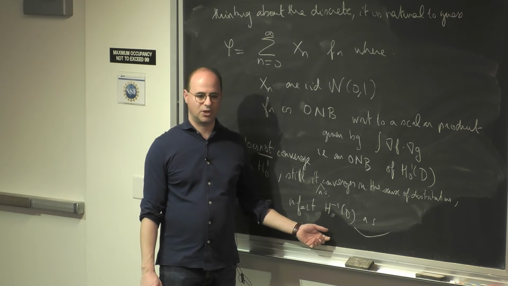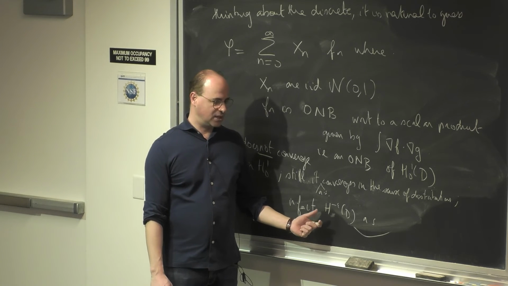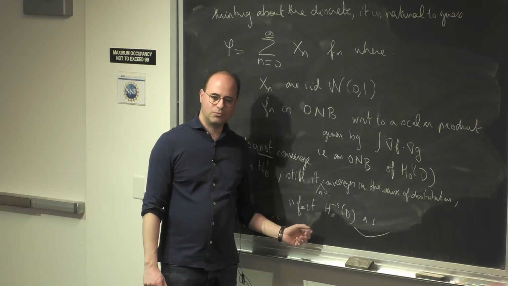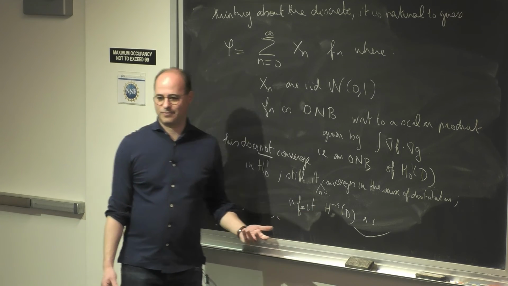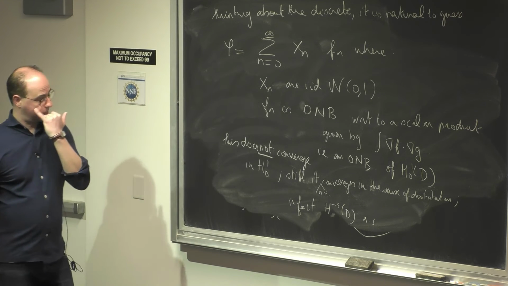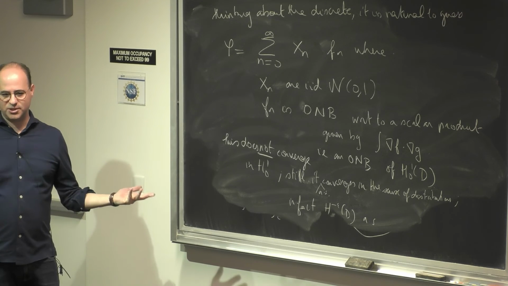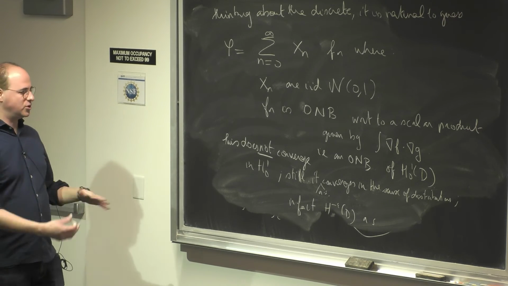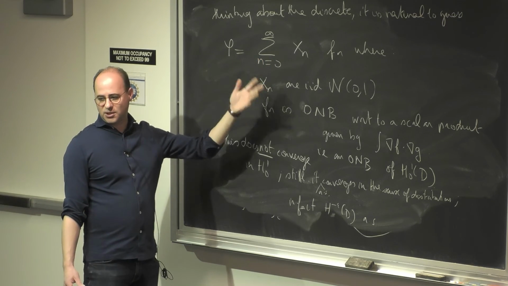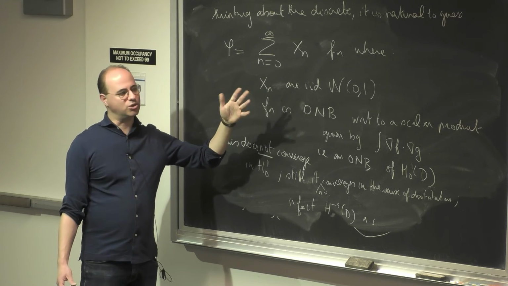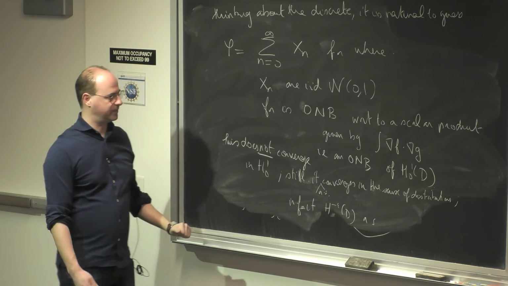That is saying it's not quite a function, but if you integrate it an epsilon amount, it would be a function. And that's why it's actually a distribution. So it can be turned into a distribution when you think of it as a random series. That is a natural guess that you can make when you think of the discrete case.